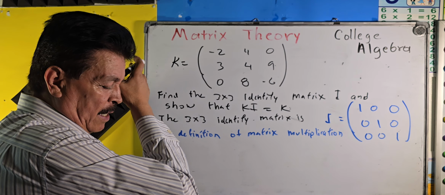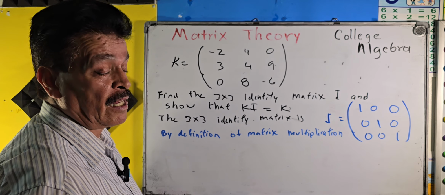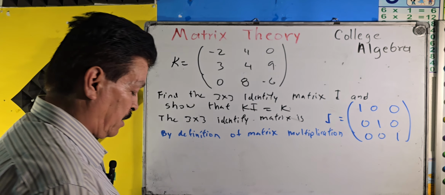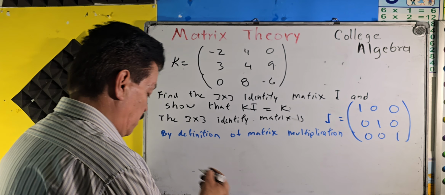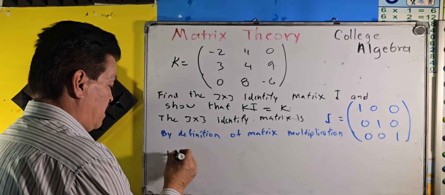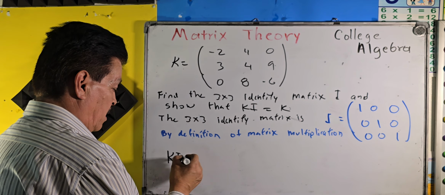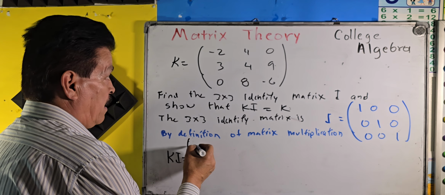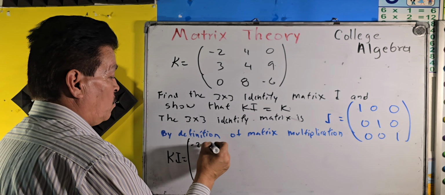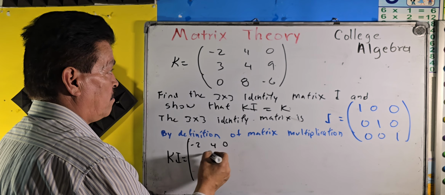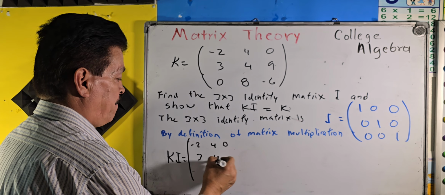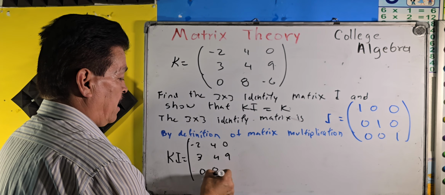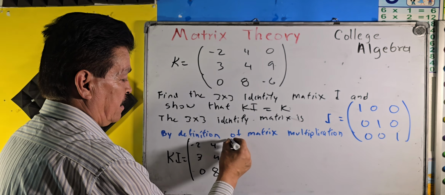Also, we learned how to add and subtract matrices, and also how to multiply matrices. We have this problem here: K times the identity equals this matrix, negative 2, 4, 0, 3, 4, 9, 0, 8, negative 6.